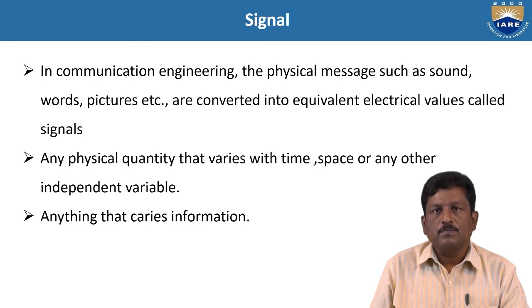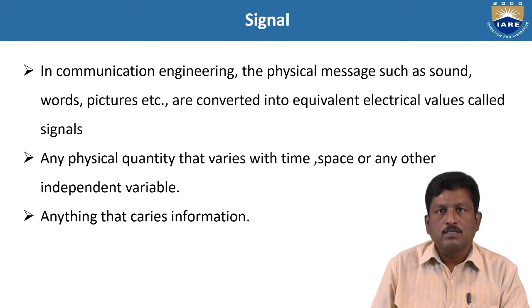A signal can be defined as a physical quantity which can vary with respect to time, space or any other independent variable. Here we have the input signal and output signal. One is the baseband signal, or modulating signal, which is the input signal to the transmitter of the communication system.